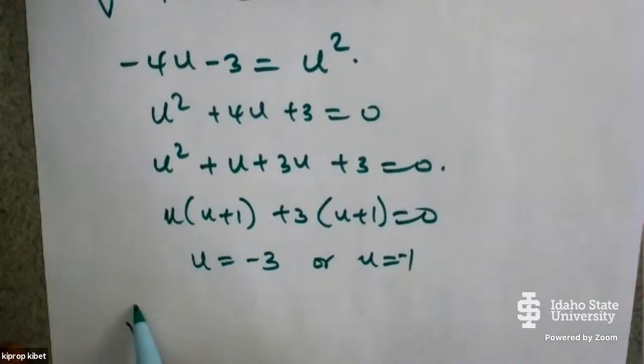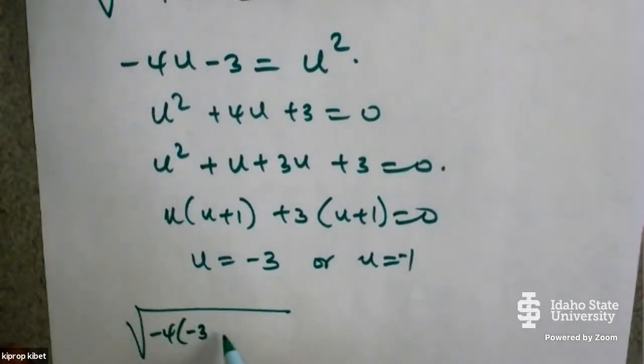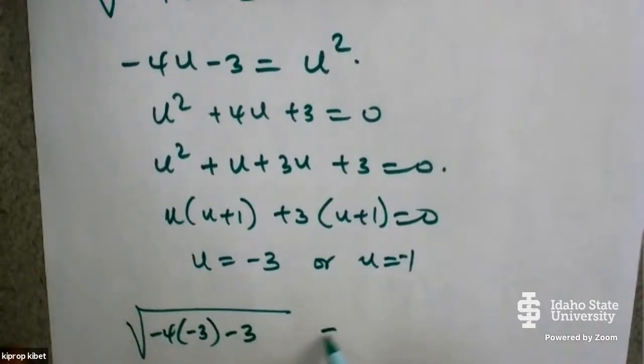Take it back. So what are you getting? Minus 4 times minus 3 minus 3 equals 3. So this is the square root of 12 minus 3, which is 9, equals 3. So it is correct.